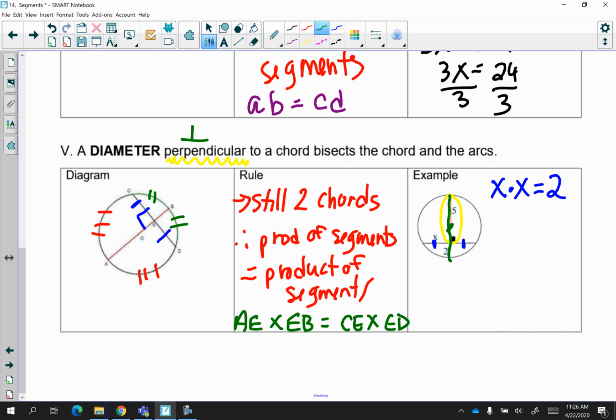From here to here is also a radius. So if this whole radius is 5 and this whole radius is 5, this little piece in here has to be 3. So this piece right here is 5 plus 3, which is 8. So we get x squared is equal to 16, and x is equal to 4.